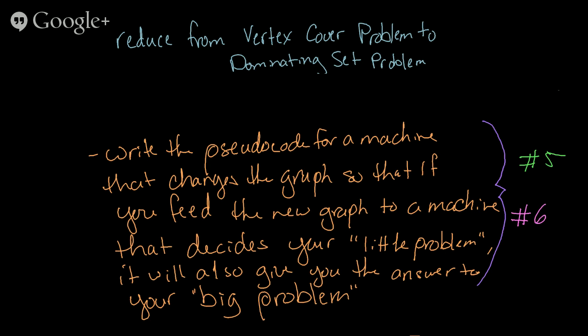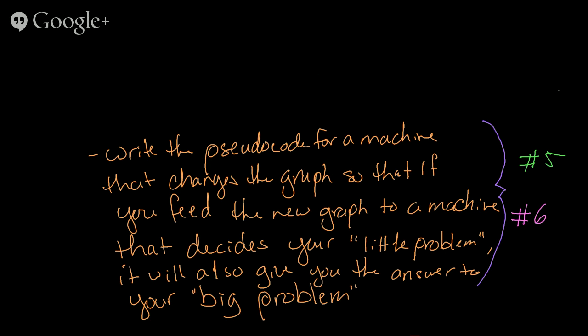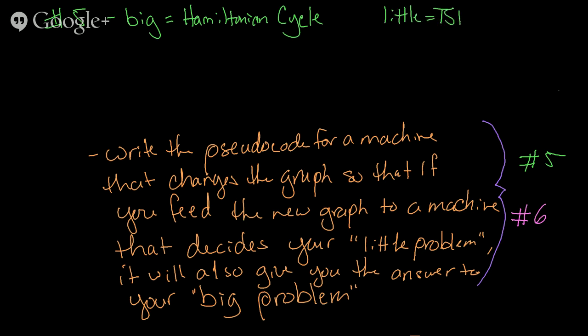I'm trying to color coordinate a little bit here, so let me write your ultimate problems up here. Remember, number 5, your big problem was the Hamiltonian cycle problem. And your little problem was your traveling salesman problem.